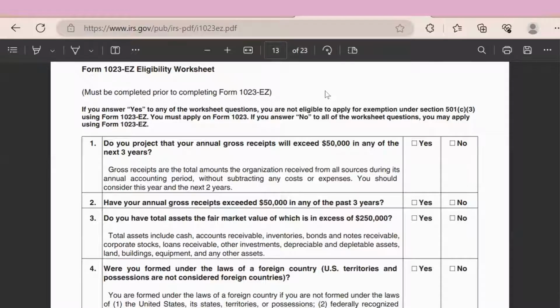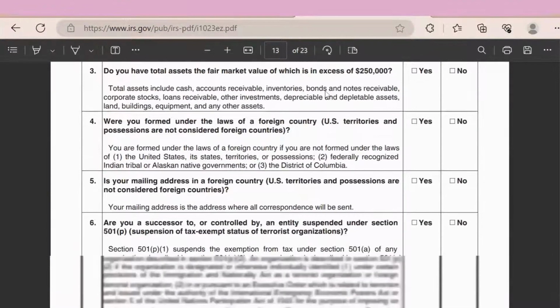If you're a more established organization that is forming this nonprofit and you do have assets or expect to have gross receipts over $50,000, then go ahead, select yes to the appropriate questions, and then go ahead and complete the Form 1023 for your tax exempt status. So please review this worksheet in detail, answer the questions appropriately.